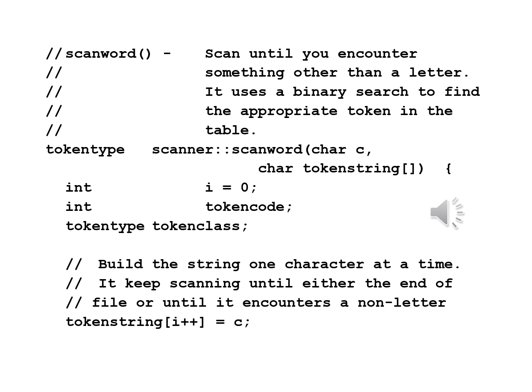We have two integer variables here. I is our index, which we will initialize to 0. Token code is what we're going to end up passing back, and token class is going to be the actual token that we will make use of. The token string will initially be just that one character that we read.